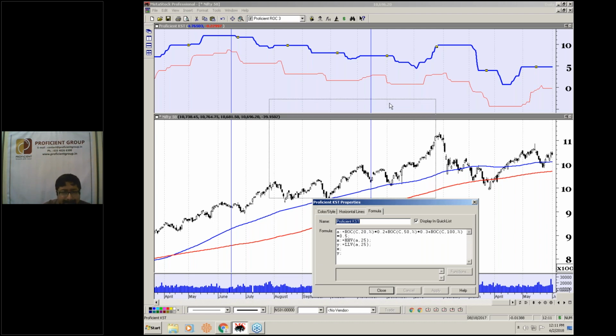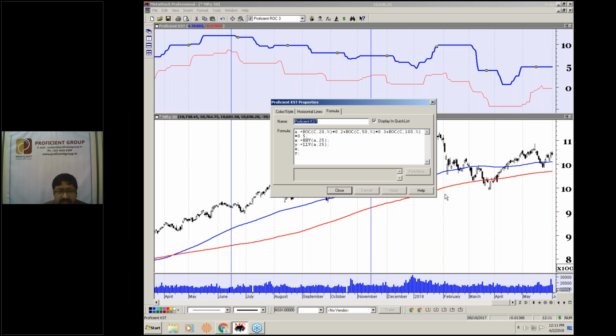You can do many innovative things with this KST. I'm just giving you a basic idea. And you can interpret these lines in many different ways, which will give you another insight into prices.